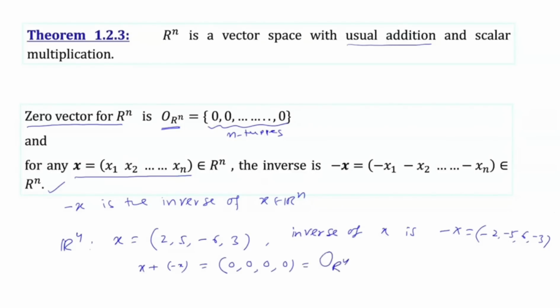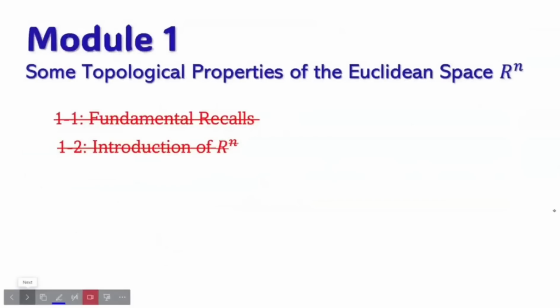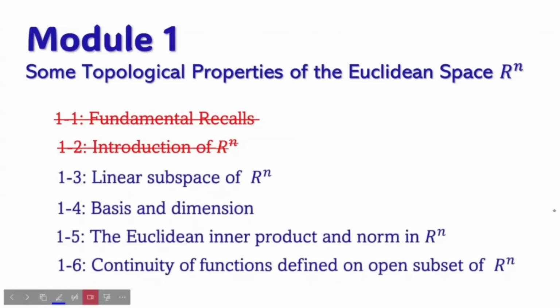Now if I add x plus minus x, then it will become 0, which is the zero or identity element of R4. We finish the second section, introduction of Rn. Now we'll move to our third section, which is linear subspace of Rn.